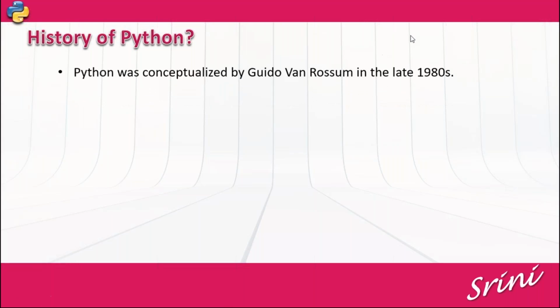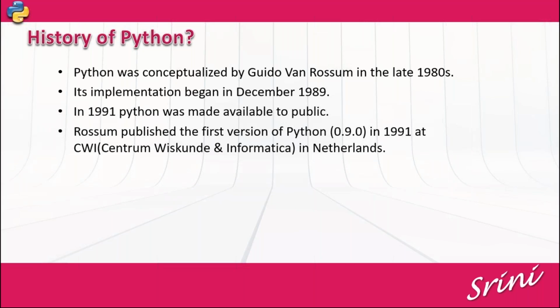Python was conceptualized by Guido van Rossum in the late 1980s. The Python language implementation began in 1989. The very first version of Python was released to the public in 1991 at CWI Netherlands. The version is 0.9.0.